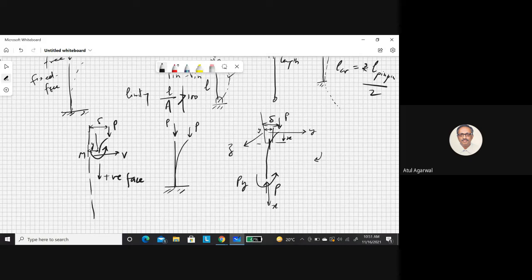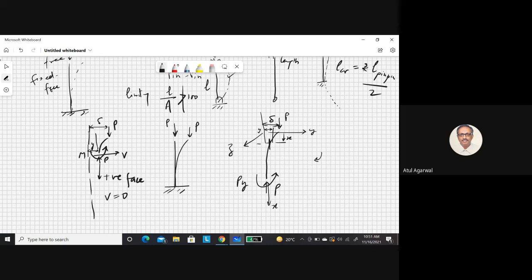So if you do force balance, then V is equal to 0. There is no force in x direction. Now there will be a force in y direction here, P, for vertical equilibrium.